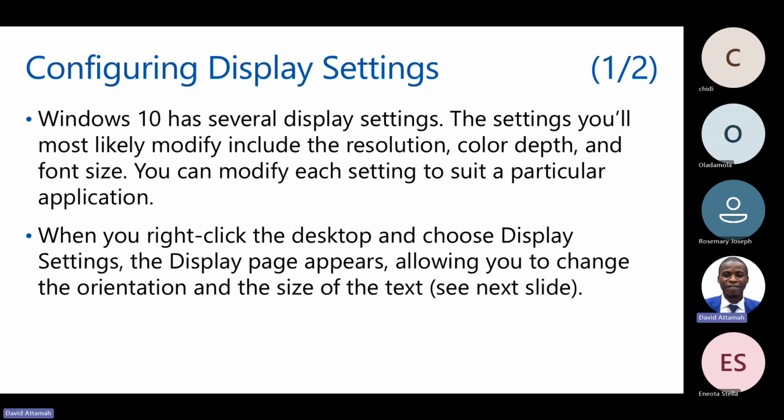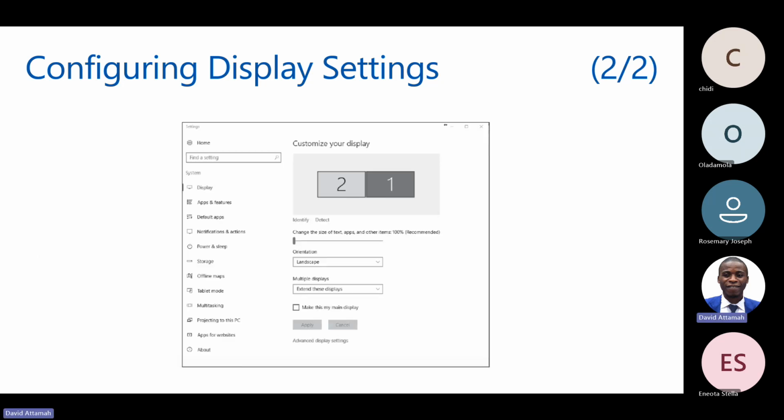You right click on the desktop on an empty space, and then choose Display Settings. So there you make changes to resolution, color, font size, and a whole lot of other things. So this is an example of some of the changes you can make under the Display Settings.